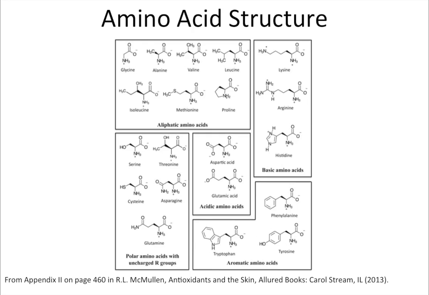Okay, and again, with the exception of glycine, which has two hydrogen atoms coming off of the alpha carbon here, all of the other amino acids have 4 different groups coming off of the alpha carbon, and that again is why with the exception of glycine, all of the other amino acids have a chiral center at this alpha carbon position.